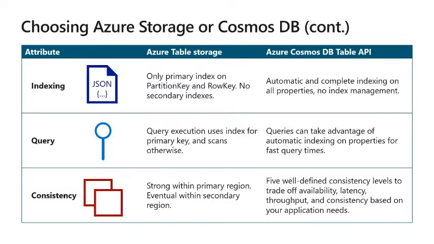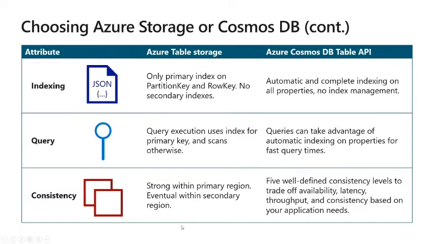For execution, it uses indexes for primary key and scans. Otherwise, queries can take advantage of automatic indexing on properties for fast query time. So you see the difference here in indexing and queries.